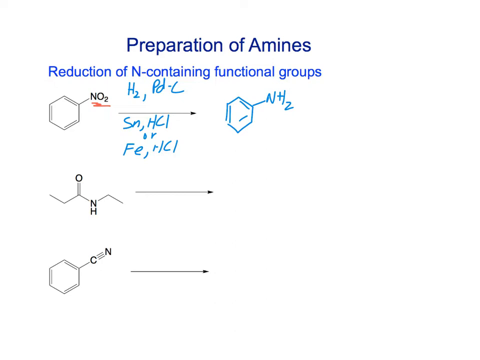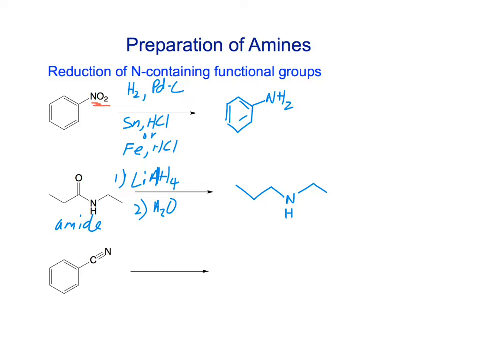All right, so we can make it from nitro groups. We can make amines from amides, right? This is an amide here. And remember, if we reduce an amide with lithium aluminum hydride followed by water, this was kind of an unusual reduction, different than, say, for esters. Remember, it cleaves the bond in the middle, but for amides, it just gets rid of the carbonyl and makes an amine.